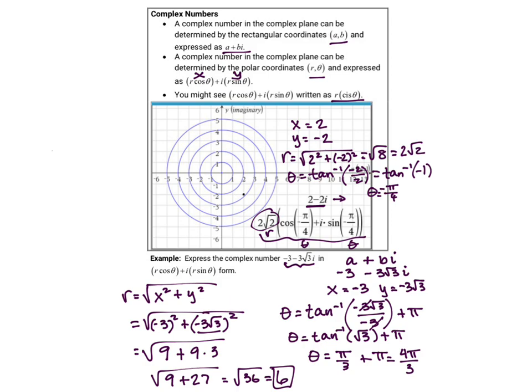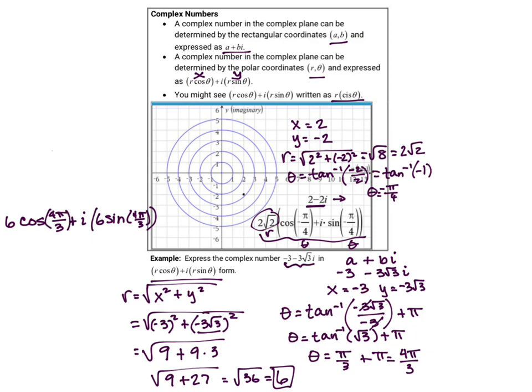So are y'all ready to try to write this out? In this form, we're going to have 6 cosine of 4 pi over 3 plus i times 6 sine of 4 pi over 3.